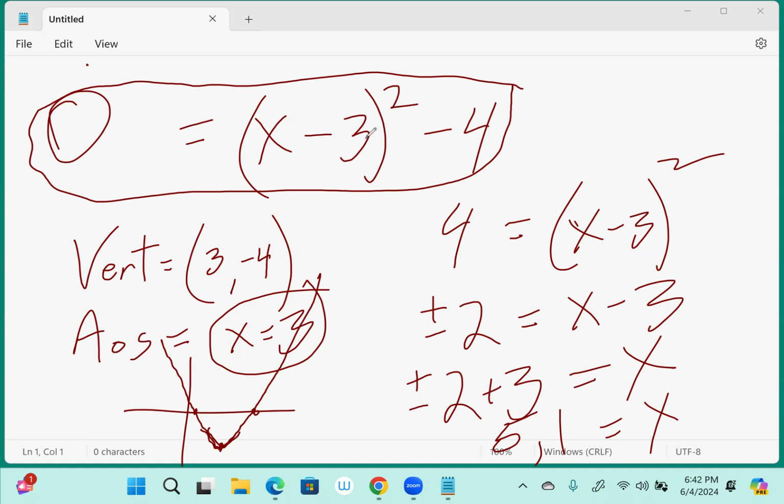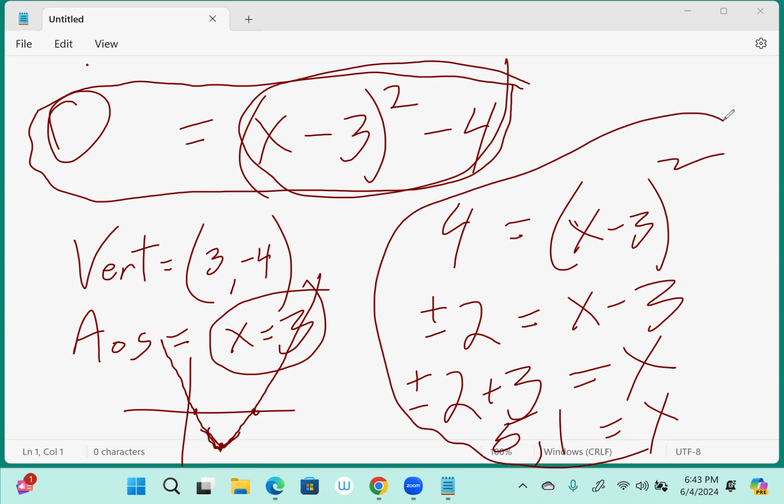It's 0 minus 3 squared, which is 9, minus 4, which is 5. So the y-intercept is much easier to get than the x-intercepts, because when you plug in 0 for x, this is a real simple problem. Whereas when I plug in 0 for y, we have to go through all of that math to solve for x.